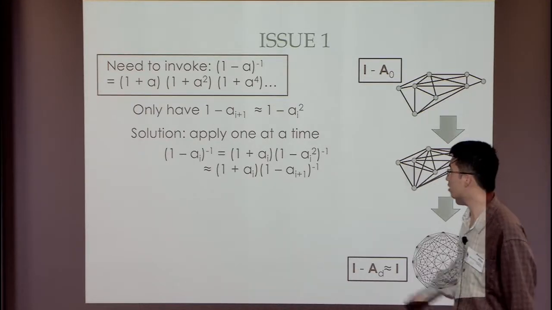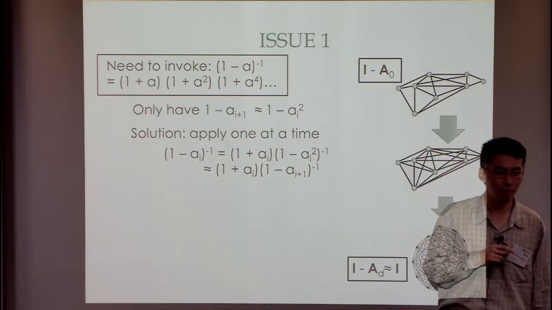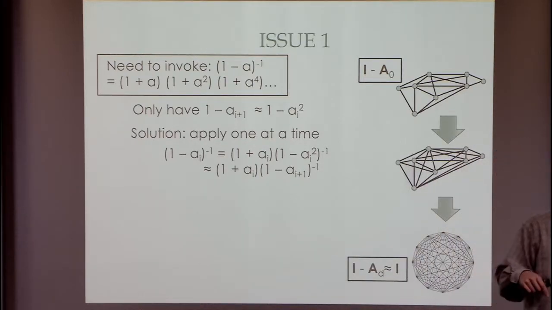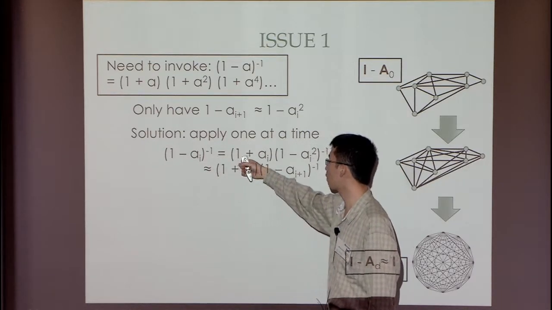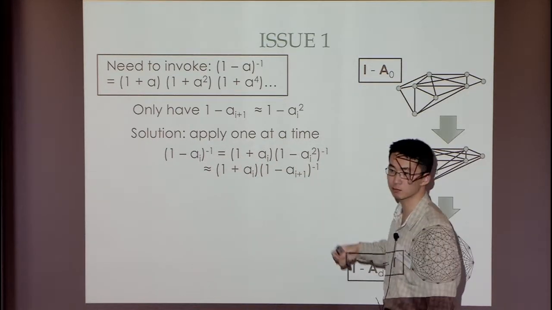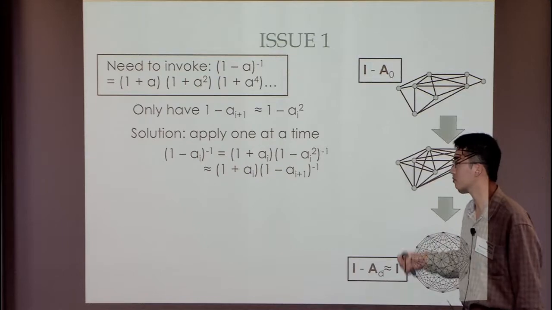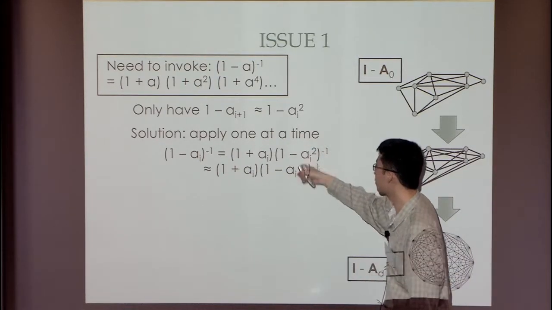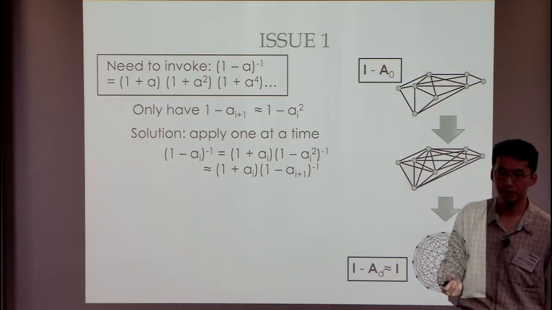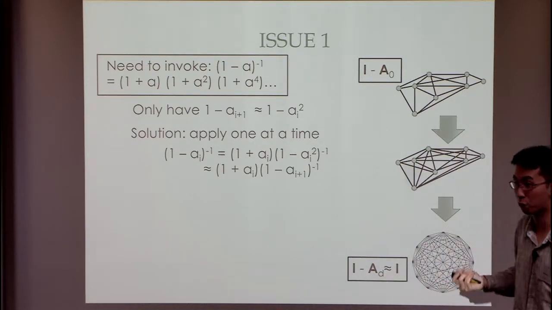So the idea is that we use the factorization of I minus A squared. We know that I minus A squared is (I plus A) times (I minus A). So what we have is that (I minus A_i) inverse is roughly (I plus A_i) times (I minus A_i squared) inverse. And here, because this is similar to the next operator, we can substitute that in if we're working with scalars.